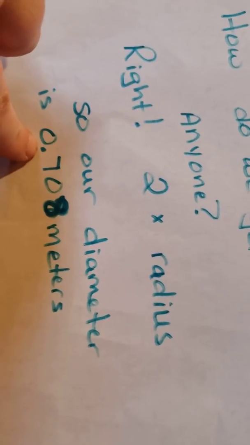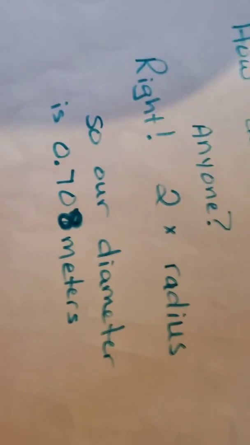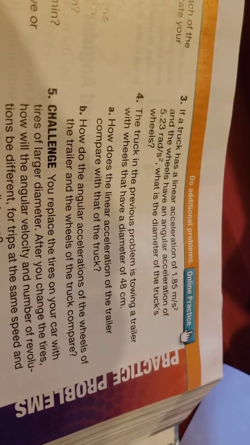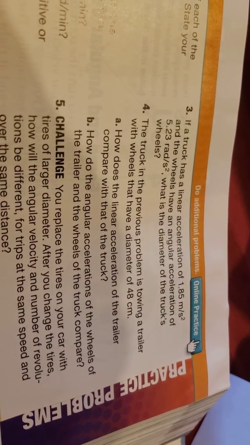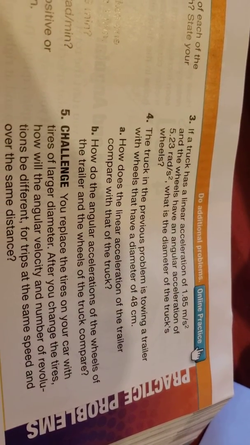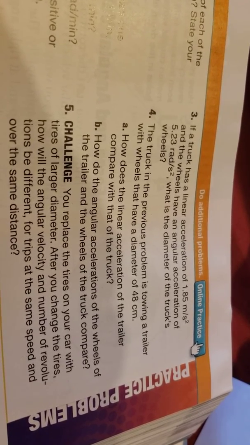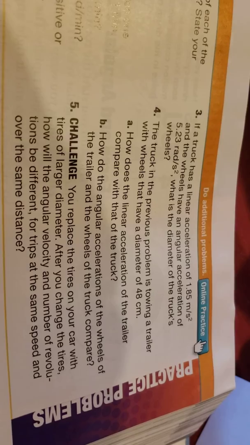So in this problem, if our diameter is 0.708 meters, the diameter of the towing trailer is going to be 0.48 meters. Okay, so don't forget to convert that.